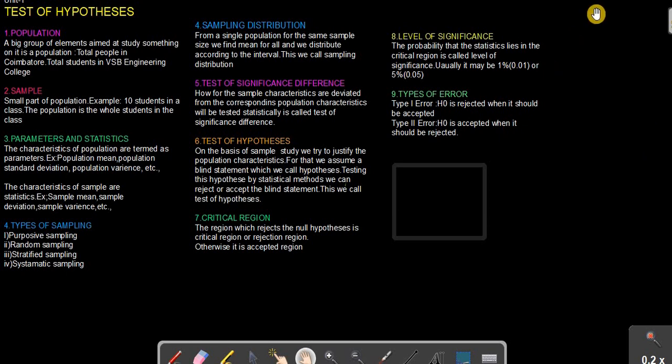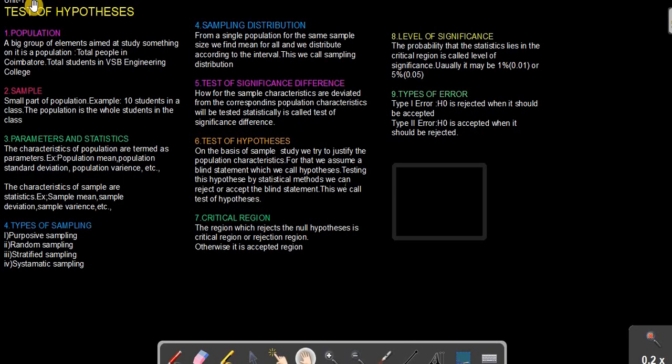We have to test the hypothesis, whatever it may be; it may be rejected or accepted. That's called the test of hypothesis. We are testing the hypothesis after making the null hypothesis. The second point is about population. We know population. What is a population? A population is the big whole of which a sample is a small part. It's called a population.